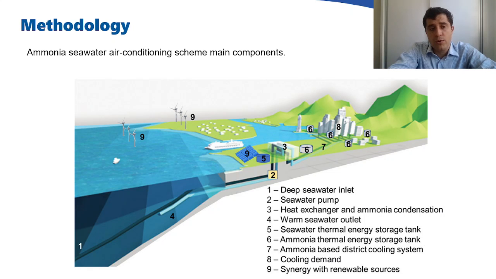And how are you going to distribute this cold? Ammonia is one option. This is how the system works. You extract water from the deep sea. This cold water is used to condense ammonia. The condensed ammonia is pumped to your district cooling distribution system.